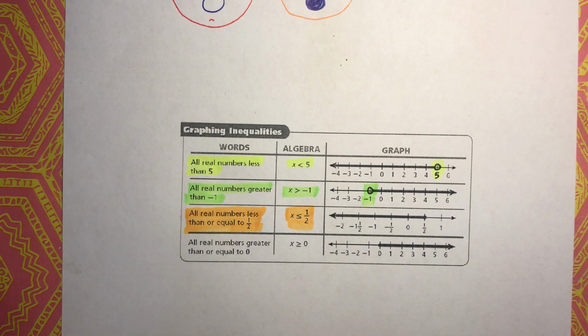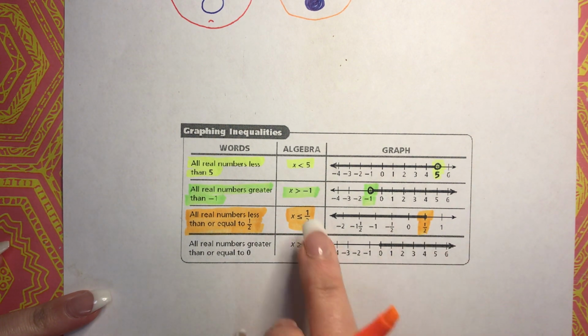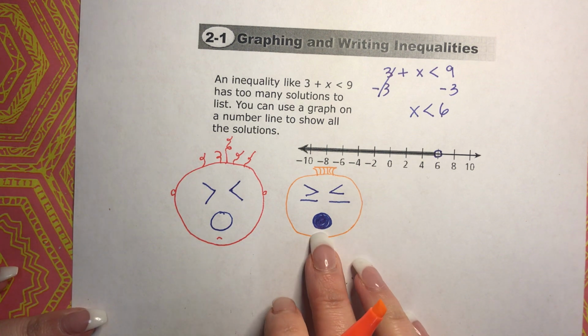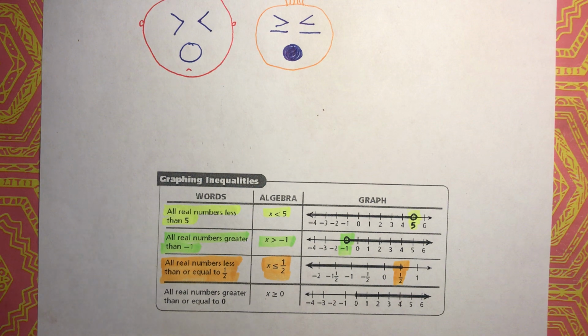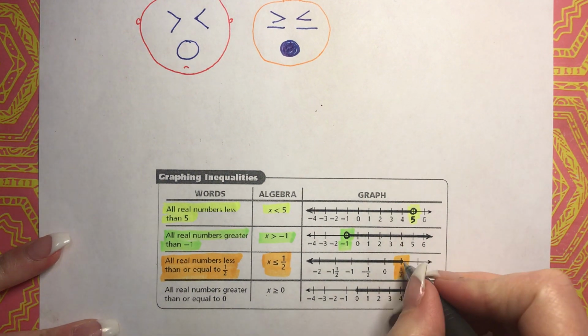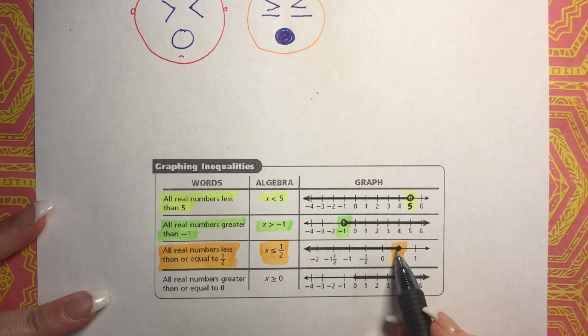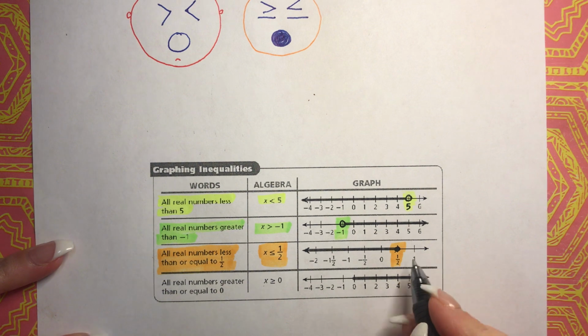So right at 1/2, that's where we're going to make our circle. And since it's less than or equal to, we use kind of like the upset emoji, which means that the circle is closed in. This means that it is equal to, which means it includes 1/2. Whenever you see that closed in circle, that means that 1/2 is a solution.